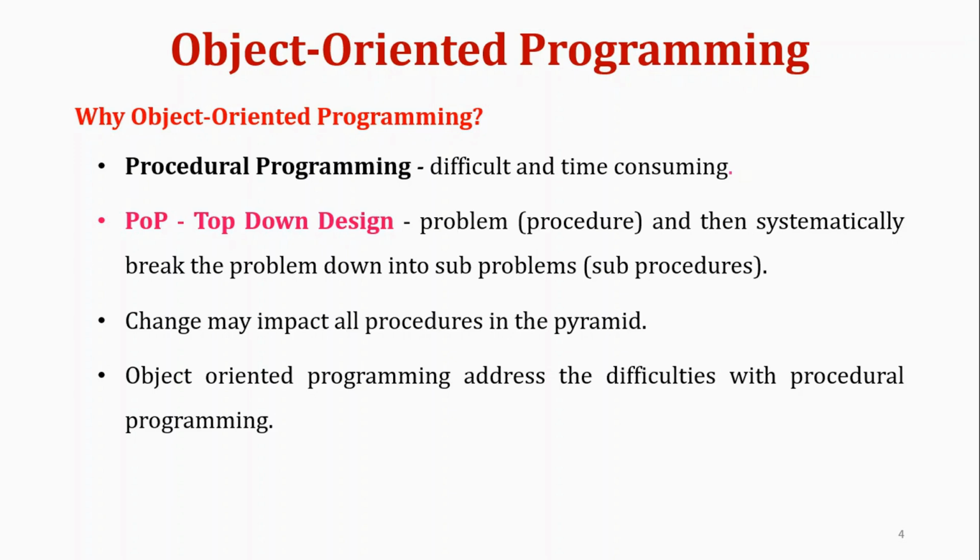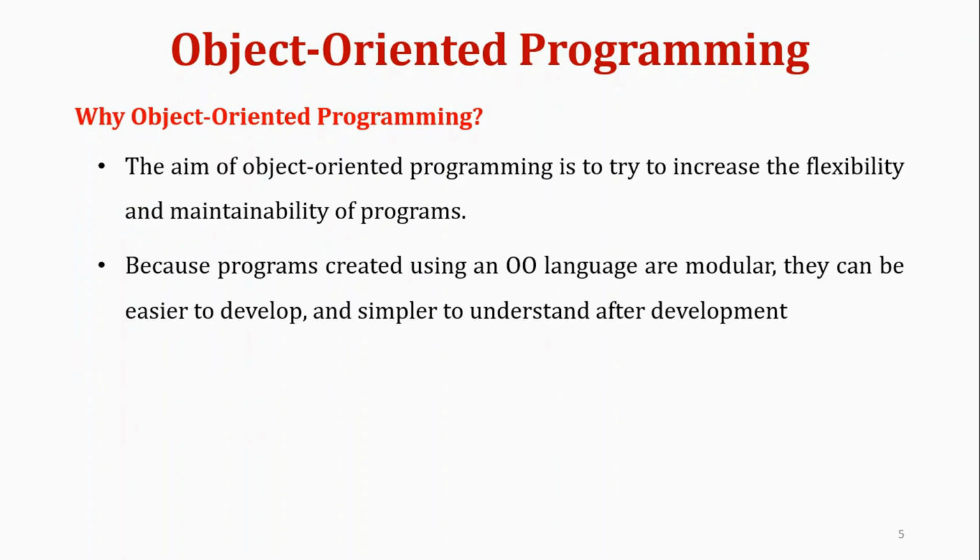This problem can be addressed by OOP because object oriented programming supports modularity, where if you change a code snippet, it won't affect the other parts of the program. That is the advantage of OOP. The aim of OOP is to increase the flexibility and maintainability of programs, because programs created using an object-oriented language are modular.